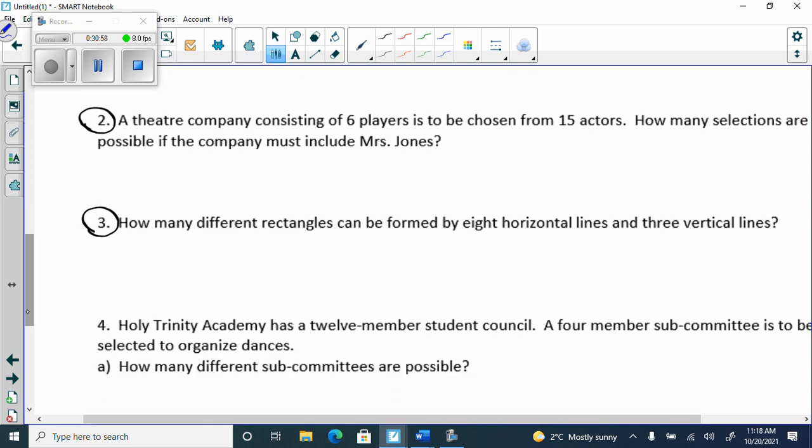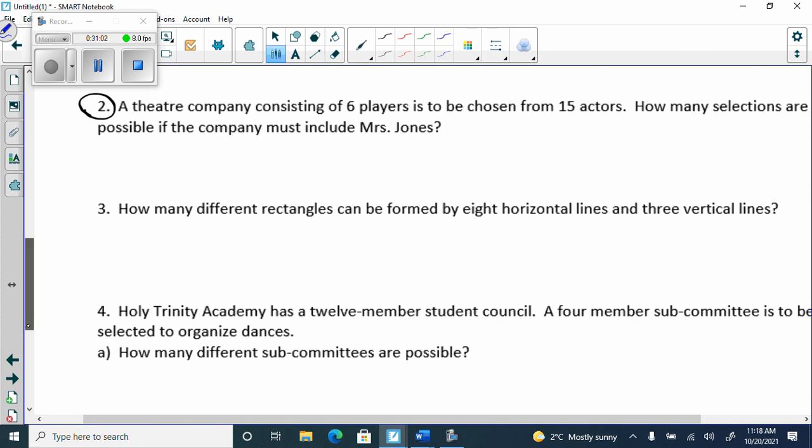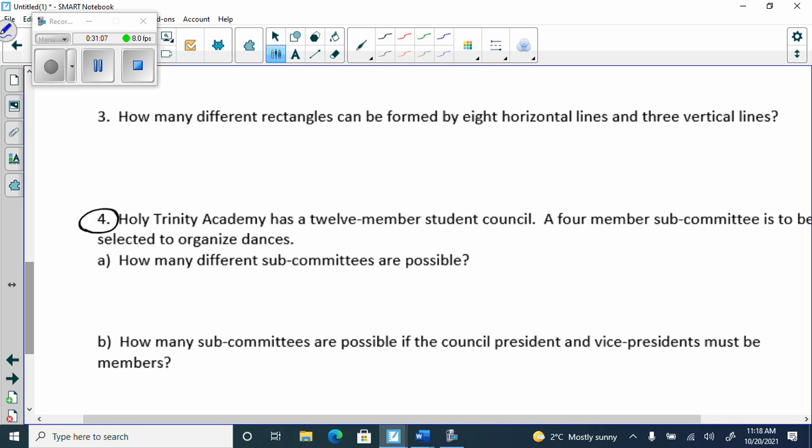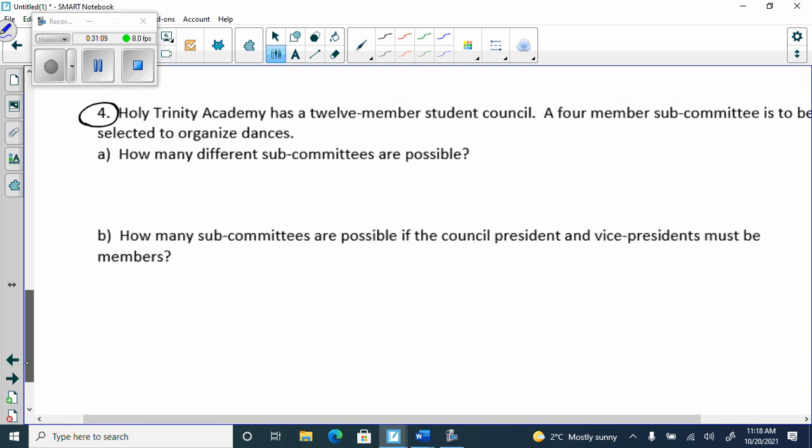Actually skip number 3 for now. Don't cross it out, you're just not going to do it right now. 1, 2, and 4. Try those ones out.